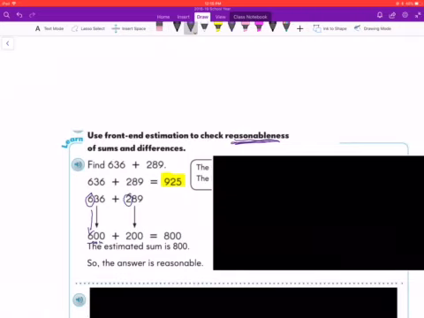Same with 289, which becomes 200. So now the estimated sum is 800. This means that the answer is reasonable because the actual answer and the estimated value are relatively close. So remember, front-end estimation is different than rounding. Even though you might think, hey, I would round this to 300, no. With front-end estimation, I just take that leading digit, and that becomes my front number, and the rest are zeros.